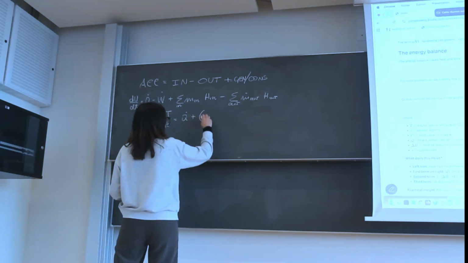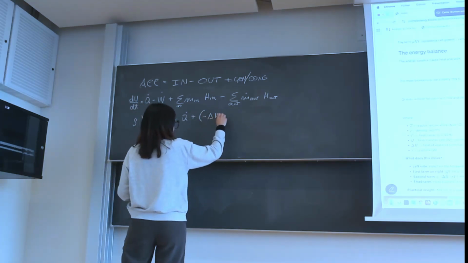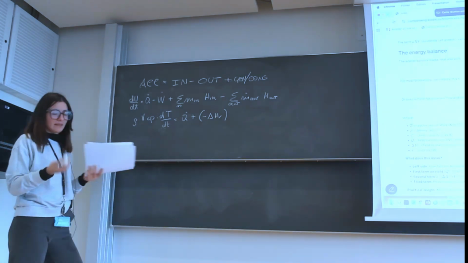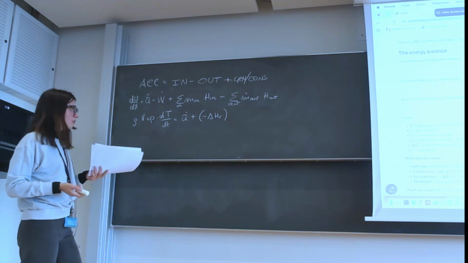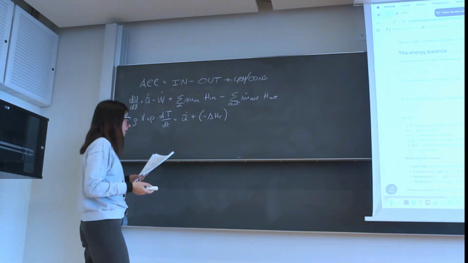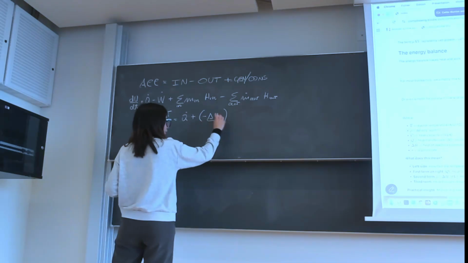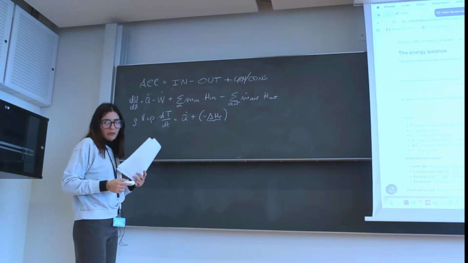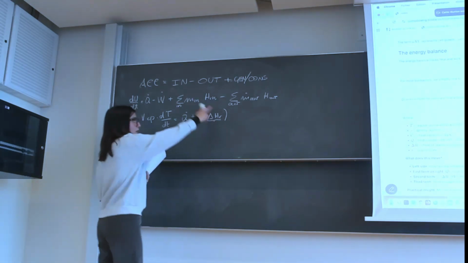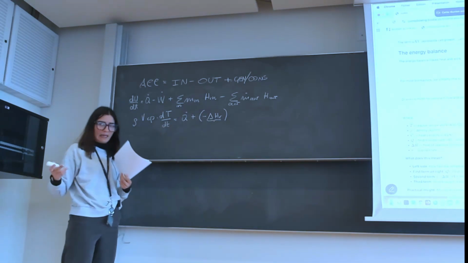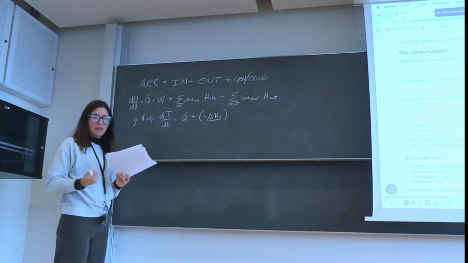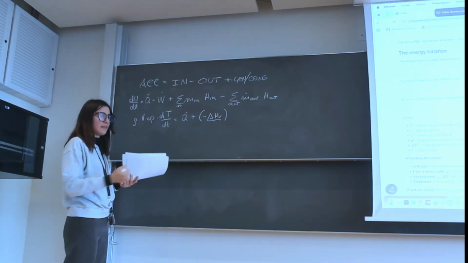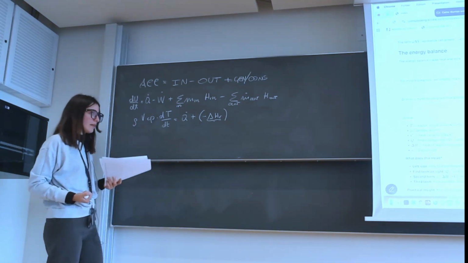Plus minus delta H_R. This is the variation of enthalpy that is correlated to the reaction. In particular, delta H is positive when the reaction is endothermic. So the whole term, minus delta H, is negative when the reaction is endothermic, and this makes sense because it is something that is cooling down our system.